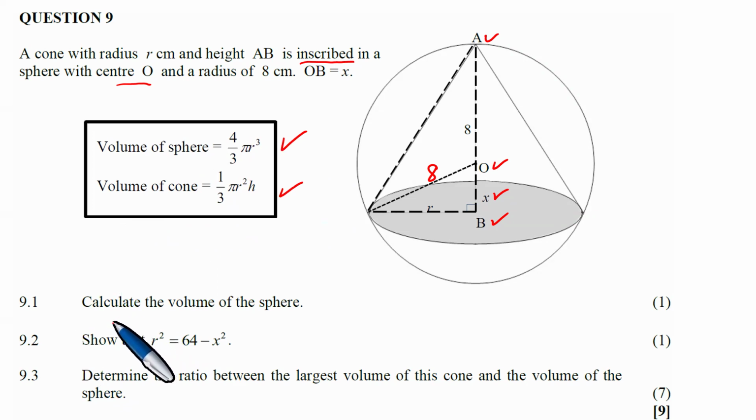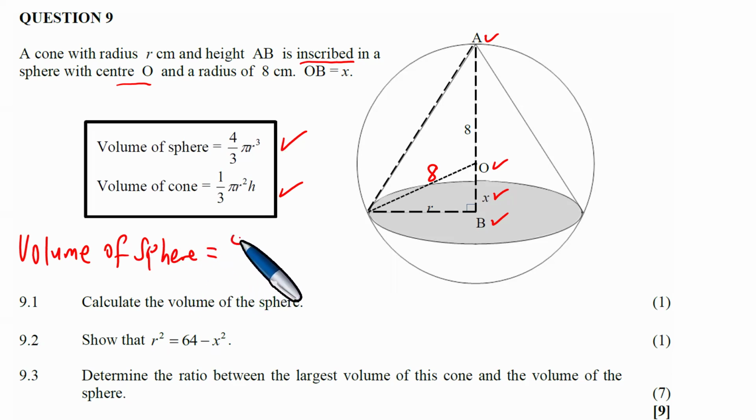But the examiner goes on to say, calculate the volume of this sphere. So you're going to write here volume of sphere. What is the volume of a sphere? Well, it is 4/3 pi r cubed, which equals 4/3 pi.